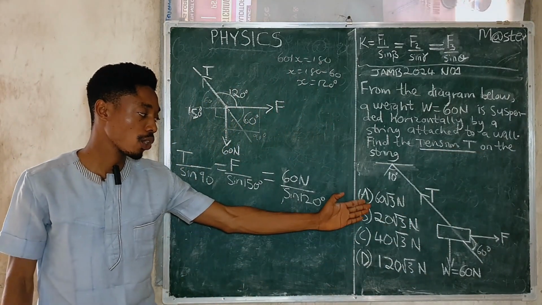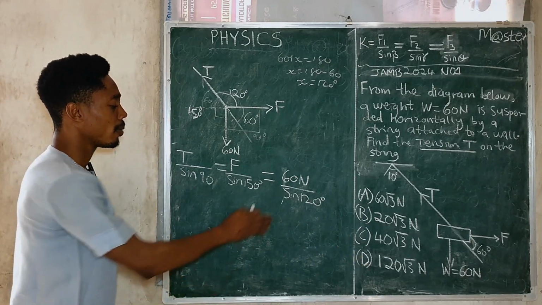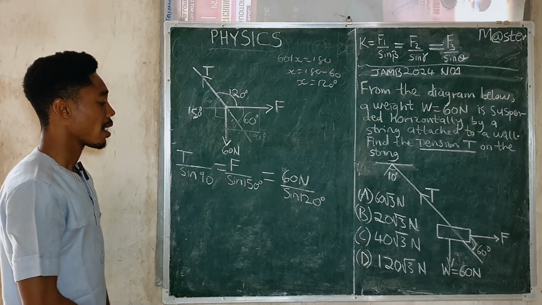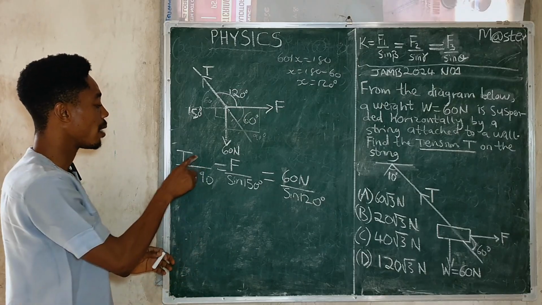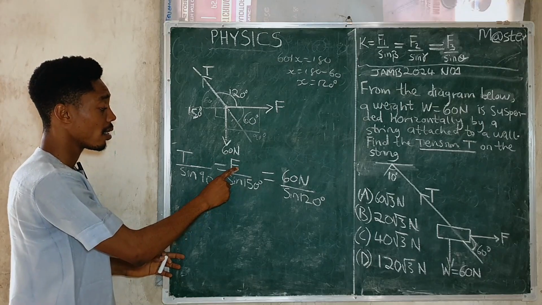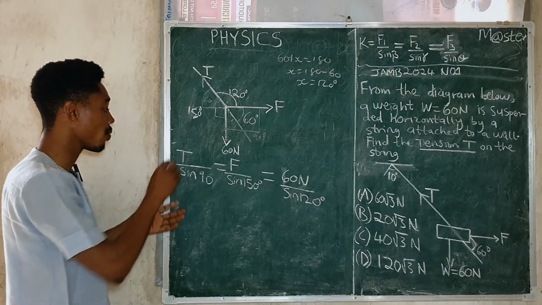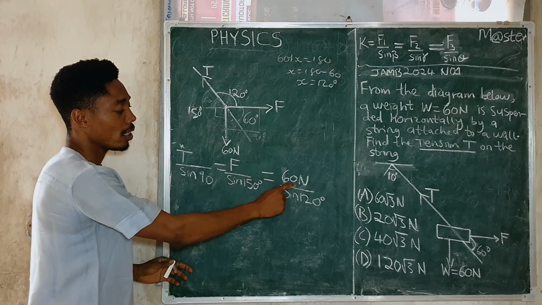Of course, I'm very sure you saw the options that were presented before you. Moving from there, it will not be wise comparing this with this, because I don't know what F is and I don't know what T is. T is what I'm looking for. That's the tension. It will not also be wise comparing this with this.